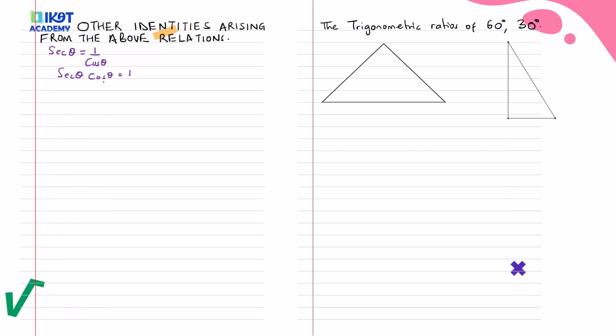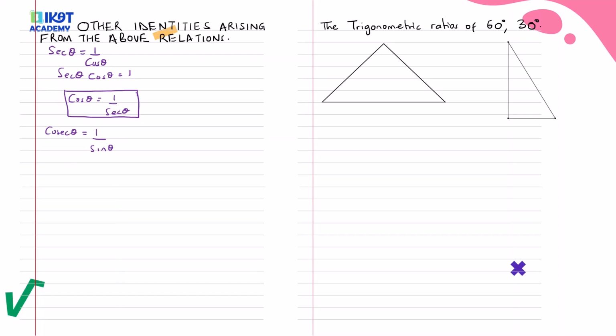This is another relationship. We can also divide through by sec such that we get cos theta is equal to 1 out of sec theta. So each of these is an important identity; we're deriving identities from just these few identities we have. And sorry, we didn't talk about cosec. Cosec is another important identity. Cosec is 1 out of sine theta.